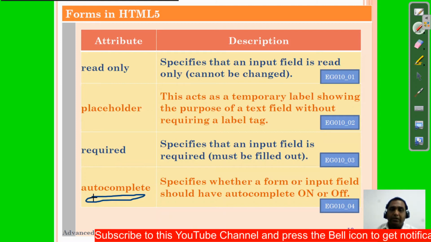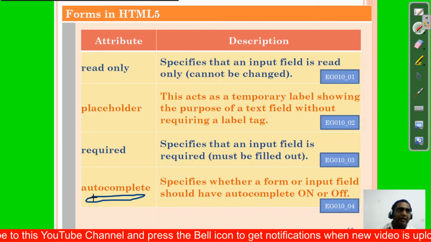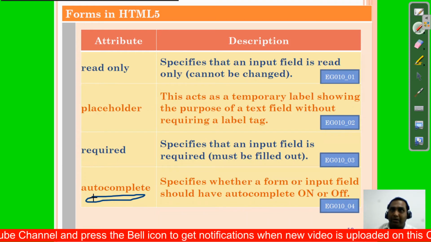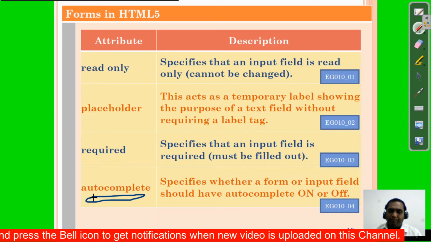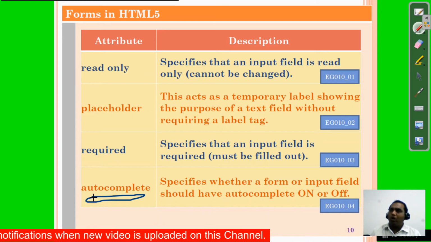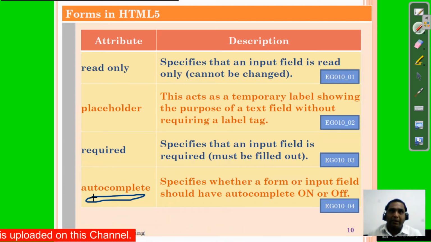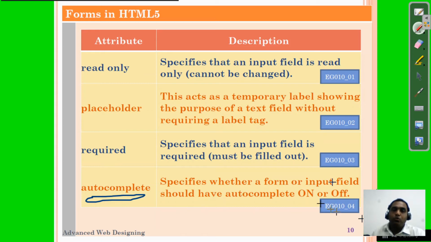If you type a few characters, the characters automatically appear. That is autocomplete, auto-completion of the text box. So if you want a particular text box, irrespective of the browser setting, to be on or off, then you can specify autocomplete on that text box.